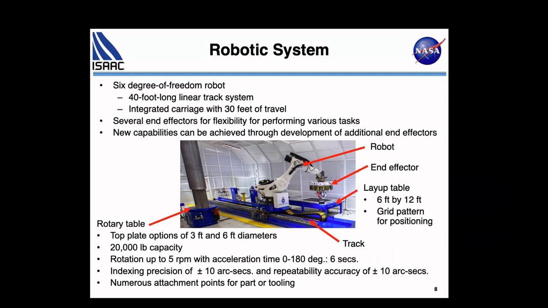So Isaac is a robotic system. I'm not going to read everything that's on the chart here. We have several joints. So Isaac can move like your arm can move, wrist, elbow. And we can run on a 30-foot long carriage. And you can see here, we can run along here, and we can place material on our flat table, and we have our rotary table.